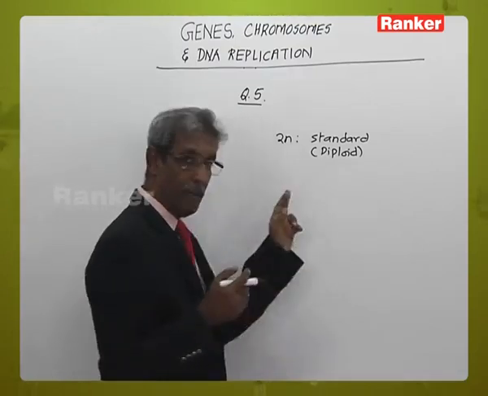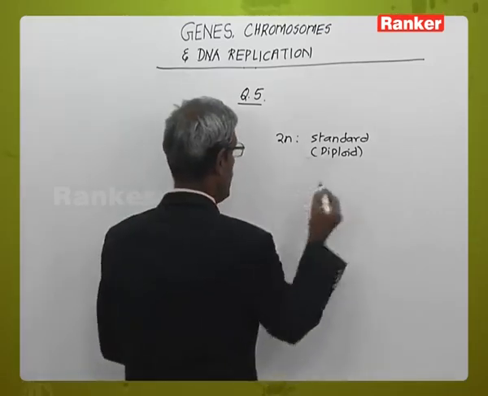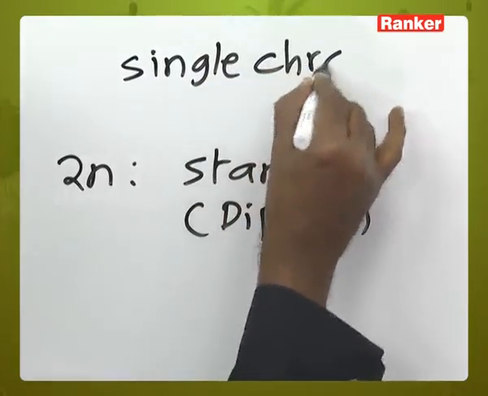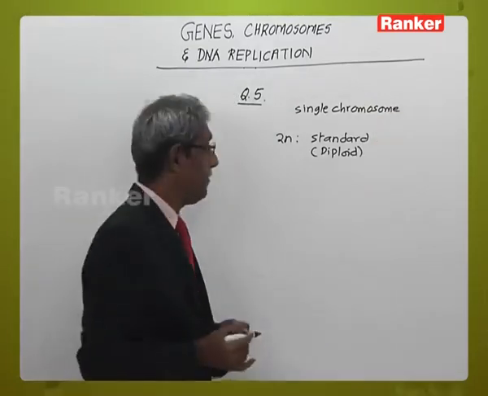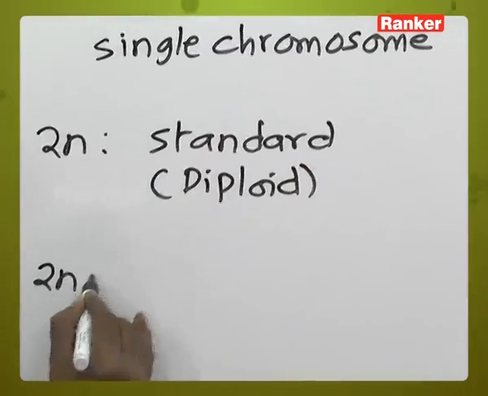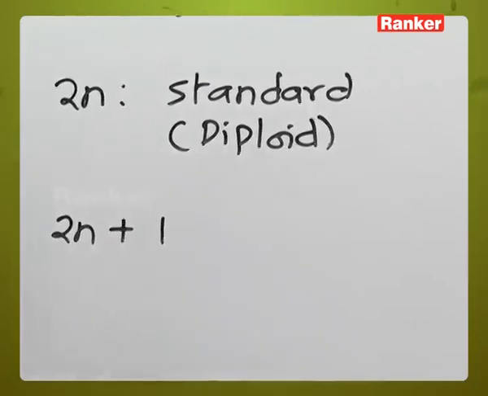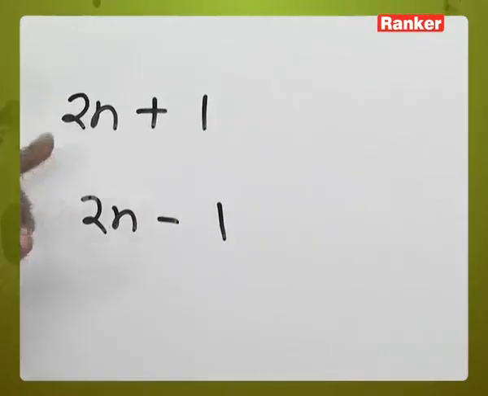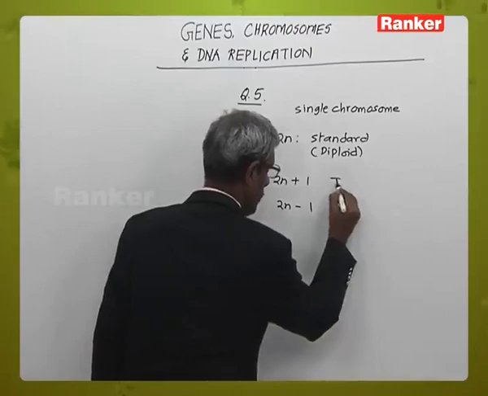Now, if there is an increase in a single chromosome, it becomes 2n plus 1. Or if there is a decrease in a single chromosome, it becomes 2n minus 1.